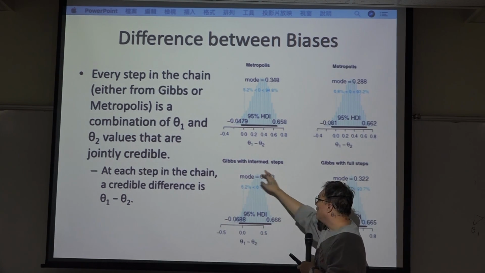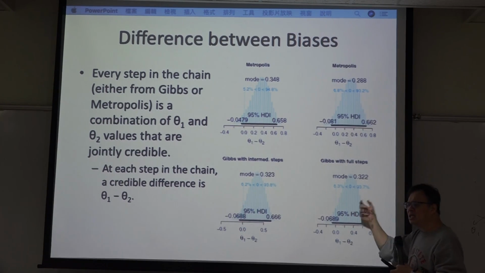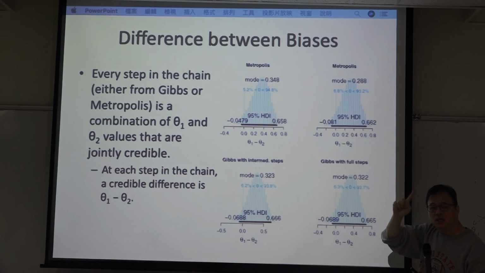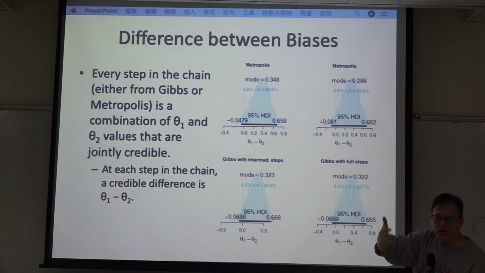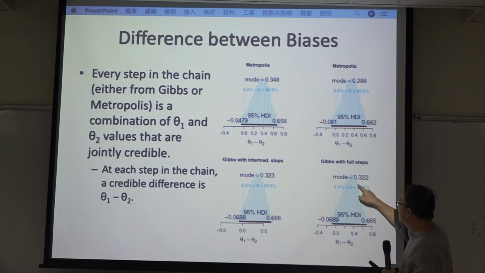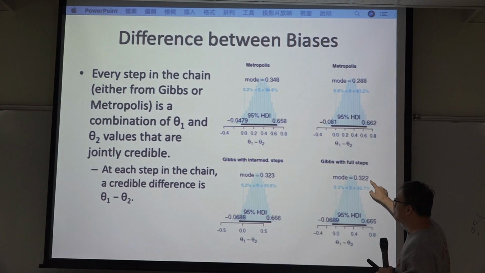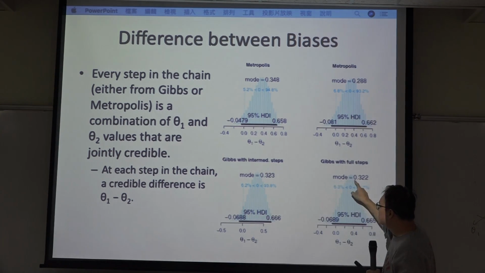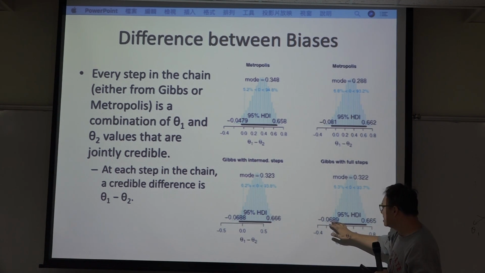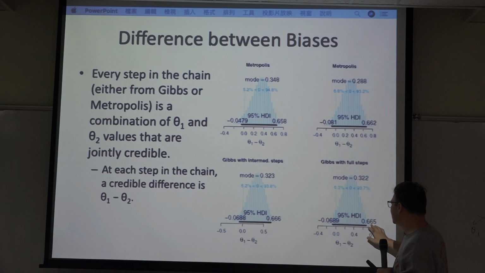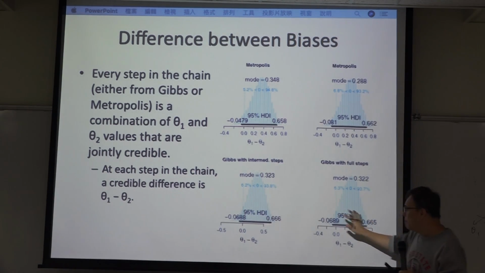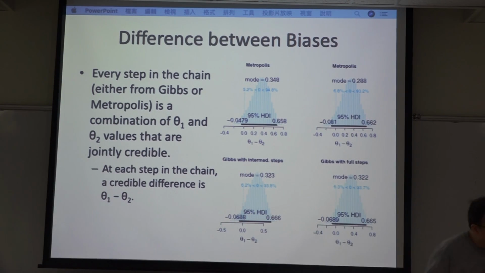And if you consider each pair of changes as one iteration, you change theta 1 and theta 2 combined as one iteration, you see the mode is 0.322. It's almost the same, right? And the 95% HDI ranges from negative 0.0689 to 0.665. Again, these two are very close to each other, because they both have a very high effective sample size.